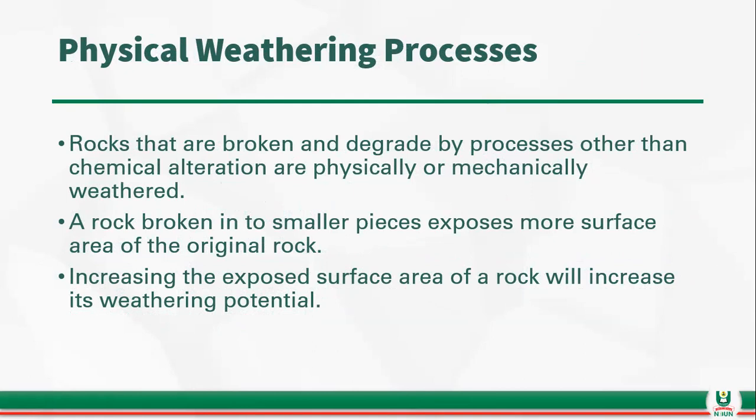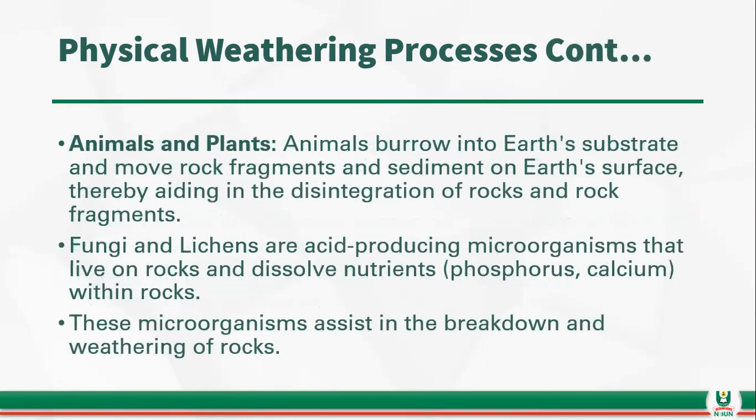Rock broken and degraded by processes other than chemical alterations is what we call physical or mechanical weathering. When a rock is broken into smaller pieces, it exposes more surface area of the original rock, thereby increasing the exposed surface area, and we increase the weathering potential of this rock.